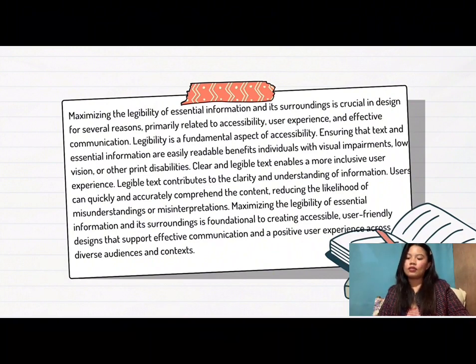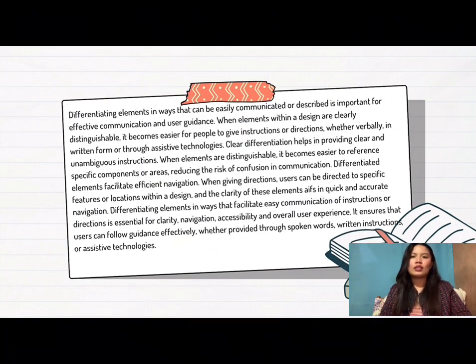Next is to differentiate elements in ways that can be described or make it easy to give instructions or directions. It is important for effective communication and user guidance because when elements within a design are clearly distinguishable, it becomes easier for people to give instructions or directions, whether verbally, in written form, or through assistive technologies.